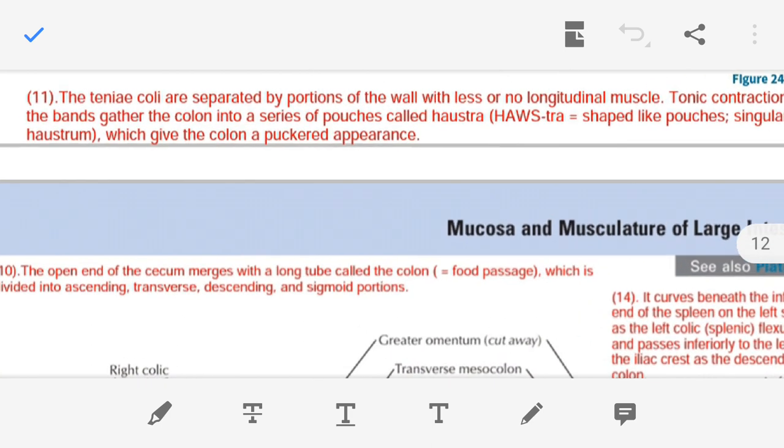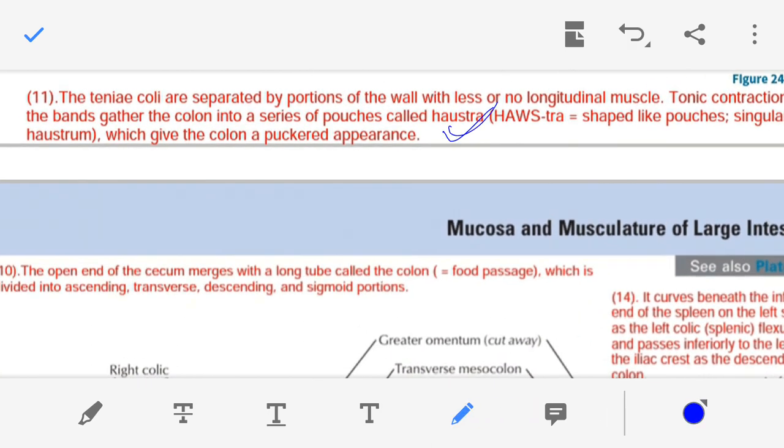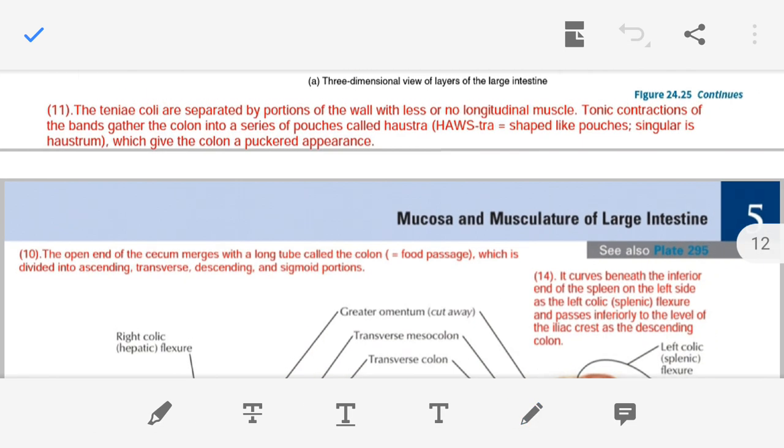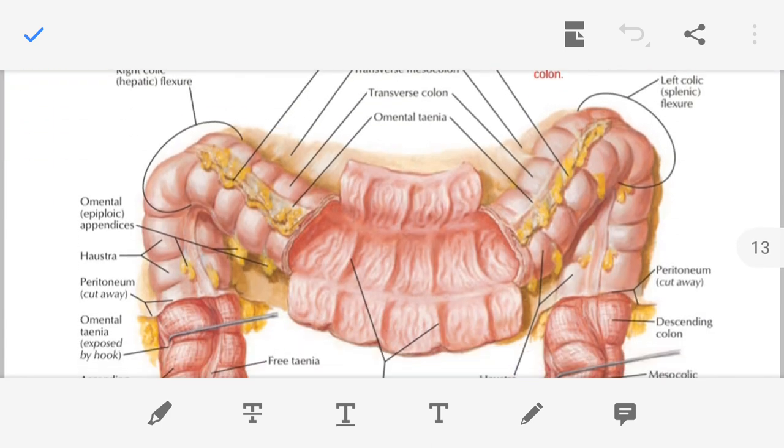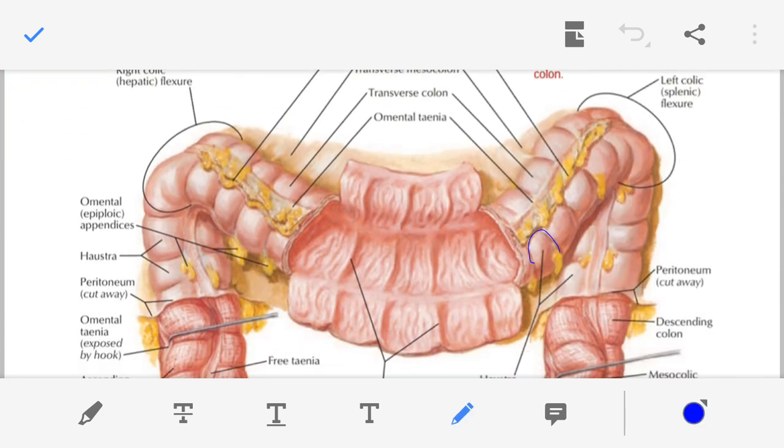And what are these haustra doing? They are giving the colon a puckered appearance. So what is the puckered appearance? See, this is the haustra.